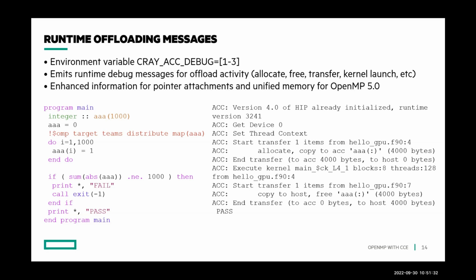It'll give you information about allocates, frees, transfers, kernel launches, information specific about your kernel. And we also add information in there about pointer attachment. If it's able to utilize unified memory, there'll be information in there about that as well. This is a really useful debugging tool.